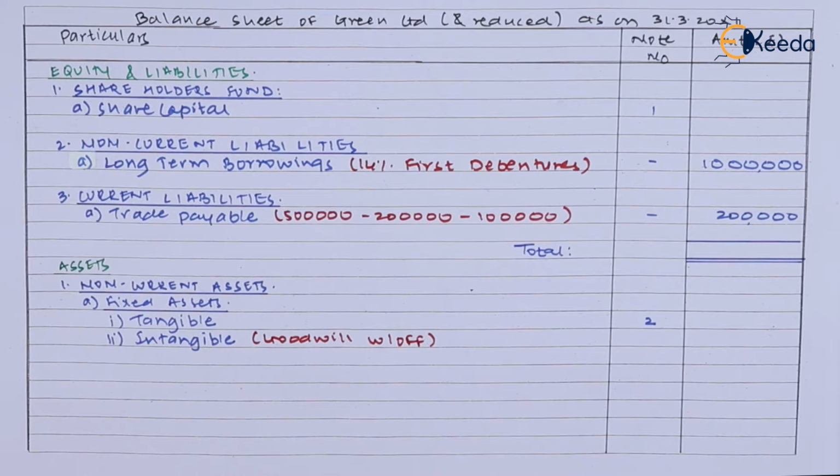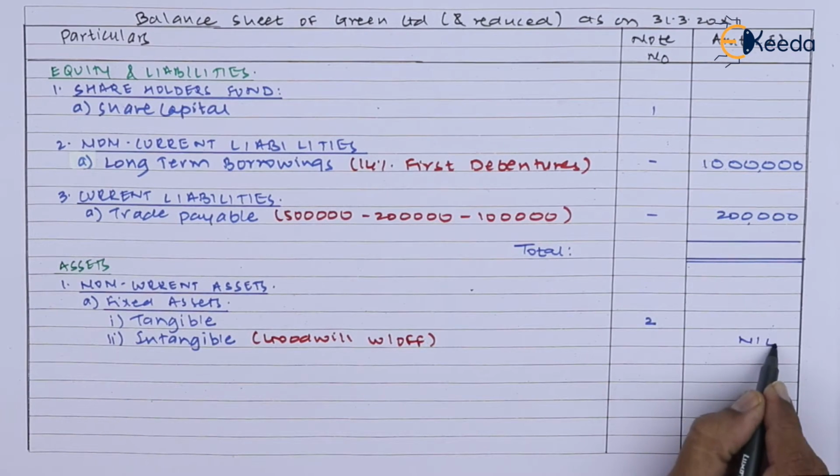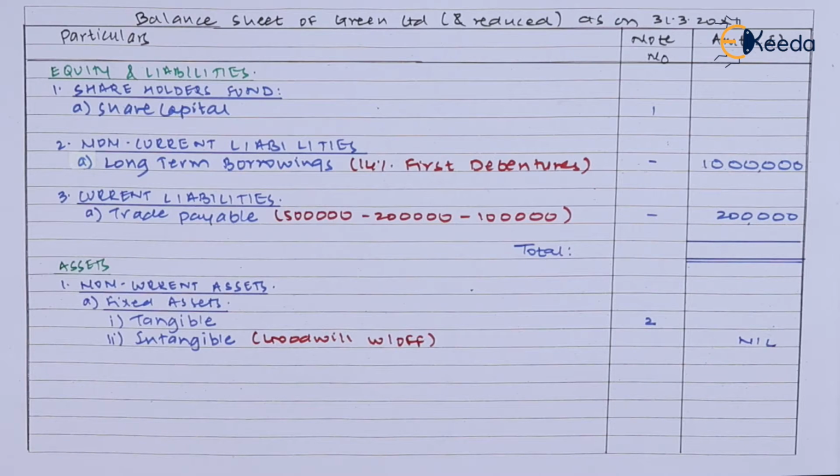If this goodwill is written off, the amount will be nil. In this way, we have completed our fixed assets, tangible and intangible. Next heading will be number 2, current assets.